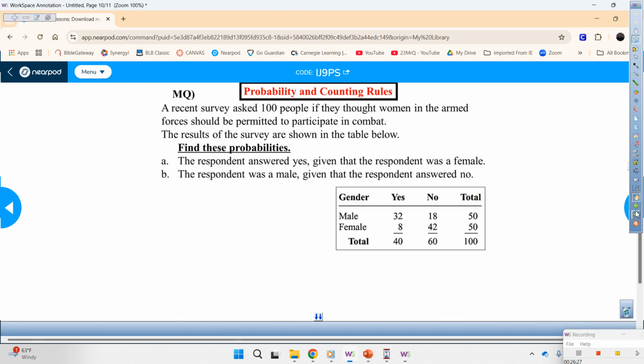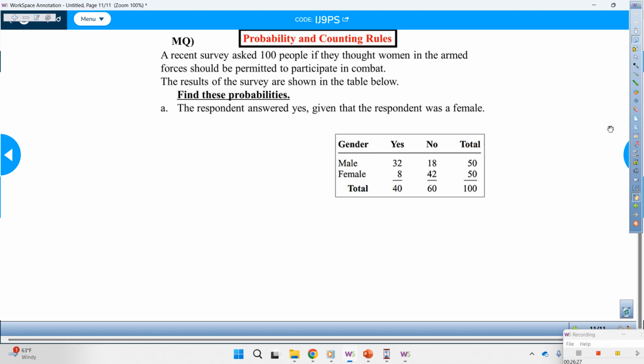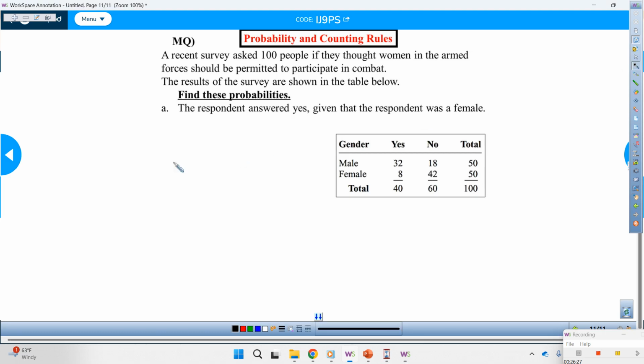Keep that in mind for this one, because we do need fractions over fractions. So, start off with our formula: P of B given A equals P of A and B over P of A.